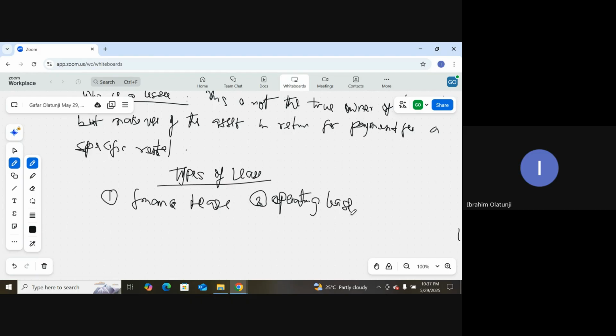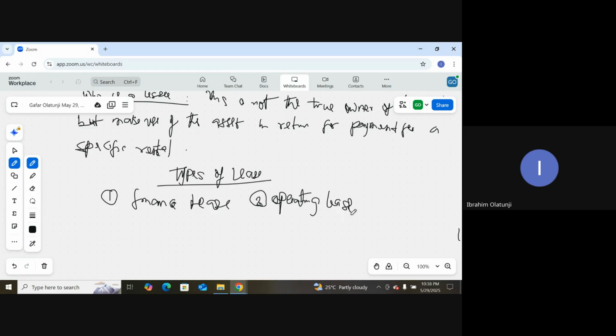The lessor is the owner of the asset. That means he transferred the risk to the lessee. The risk has to be transferred to the lessee.